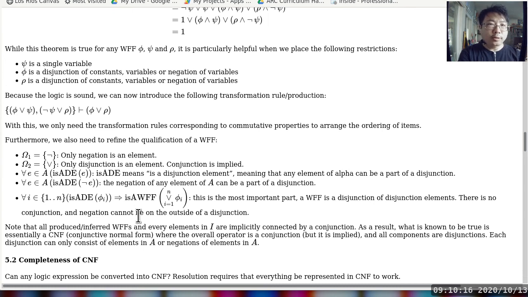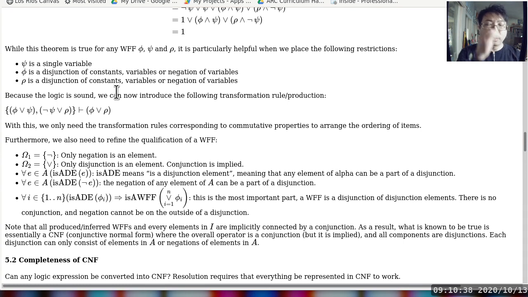We talked about this part already. All it says is a well-formed formula under quote-unquote new management has to be a disjunction, and every component inside the disjunction can only be something from alpha or the negation thereof.